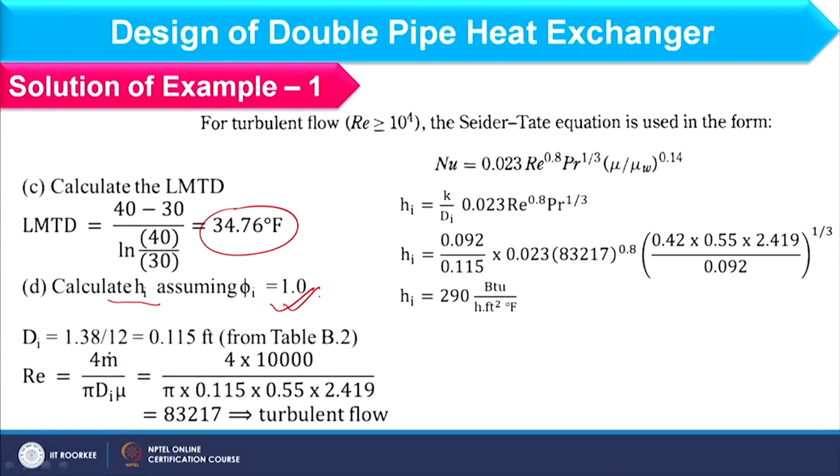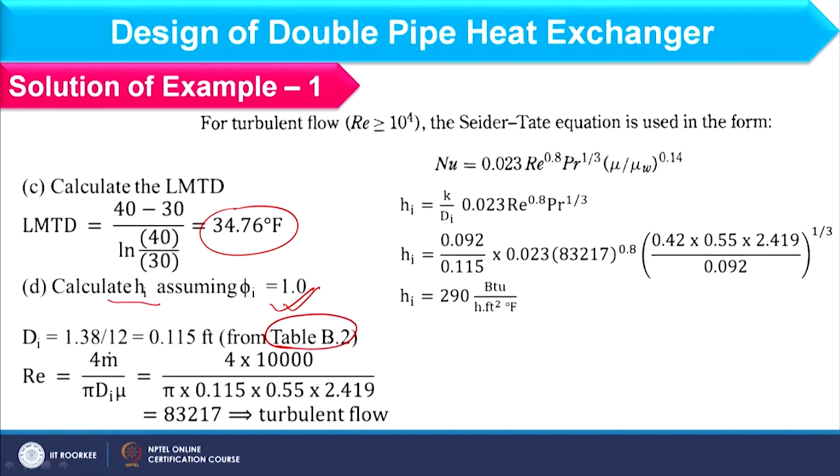Now, here we should also consider the diameter, because you know the nominal diameter of the outer pipe, that is 2 inches, and the nominal diameter of the inner pipe, that is 1.25 inches, right. So, we have to find out Di and Do. Now, if I am considering hi, I have to focus on the Di value, so that I can collect from table B2.